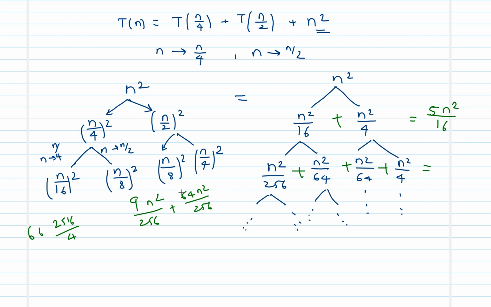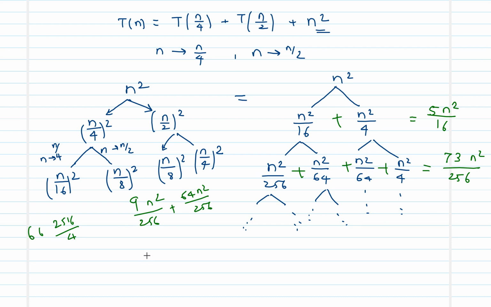Now 64 plus 9 is 73n square by 256. So I got here 73n square upon 256. In a similar way we will be getting some values at further levels.